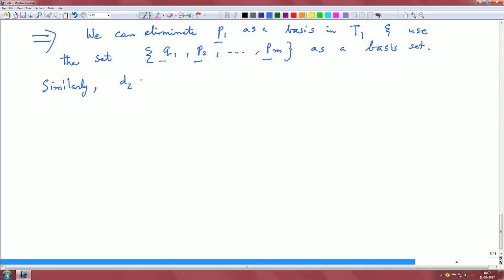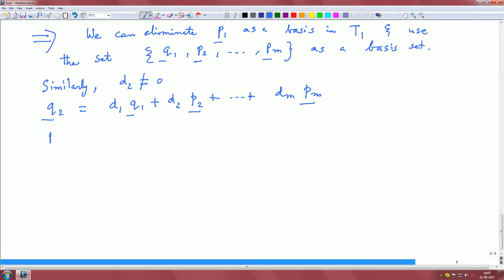So, similarly we say some d2 is not equal to 0, I pick q2 which is written as d1 q1 plus d2 p2, just observe this change, q1 then p2 plus dot dot dot dm pm. So, this is how we wrote the representation of q2 in terms of our newly formed set of bases, right.